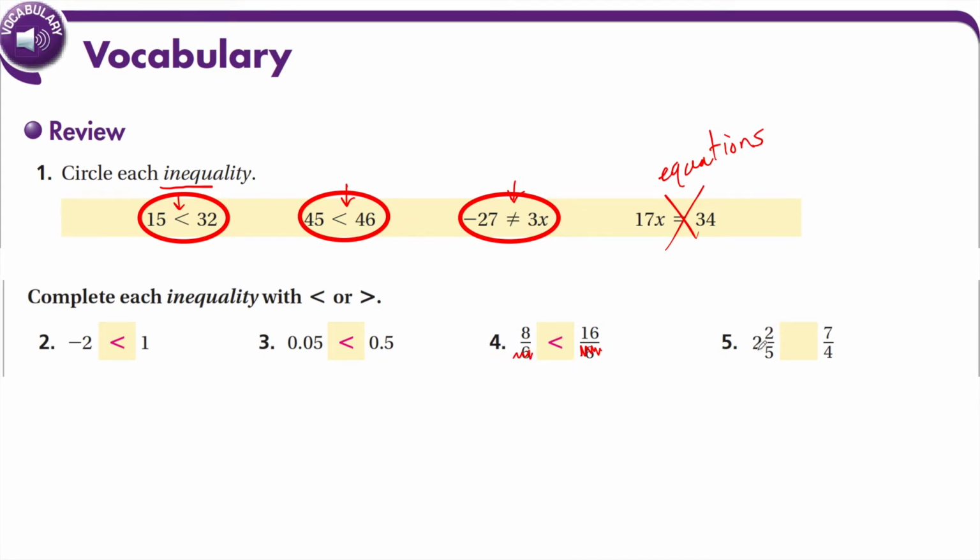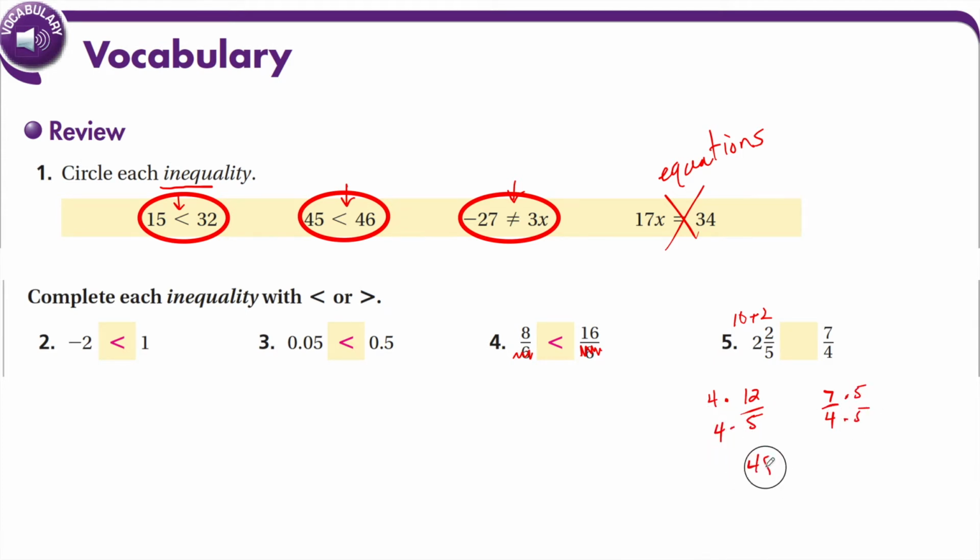Now we have the 2 2/5 is going to be what to 7/4? Well, we have 5 times 2 is 10. 10 plus 2 gives you 12. So this becomes 12 over 5. And this is 7/4. So if we were to do a common denominator, we can multiply this side by 4, multiply this side by 5, giving you 20 as a common denominator between both of them.